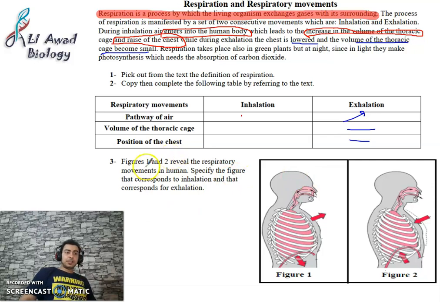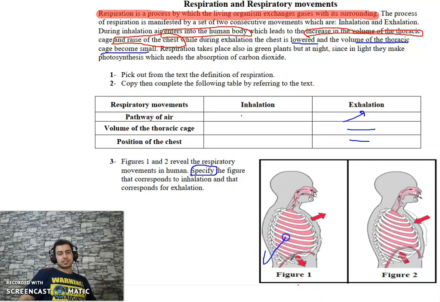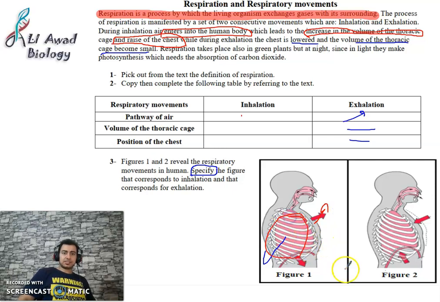Okay. Figure 1 and 2 reveal the respiratory movements in a human. Specify, يعني indicate, plus justify the figure that corresponds to the inhalation and that of exhalation. أي برأيكم inhalation? This is inhalation. Why? ليش برأيكم؟ Because شو عم بيعمل chest؟ أول شيء chest raised and the volume of thoracic cage increased.